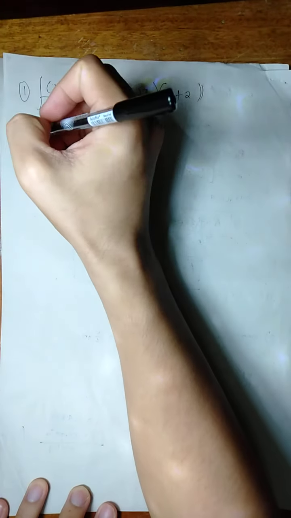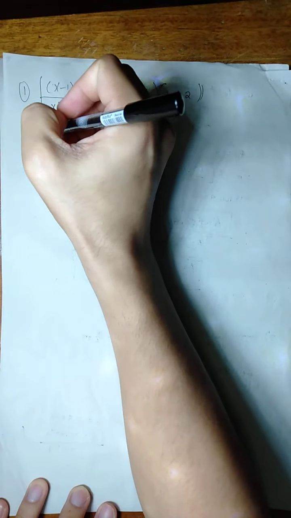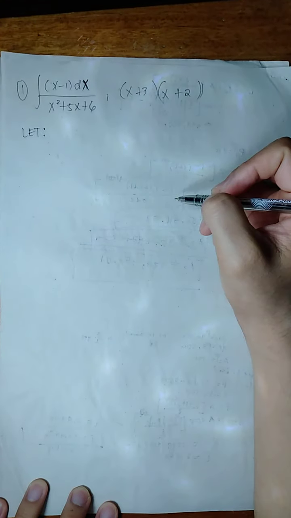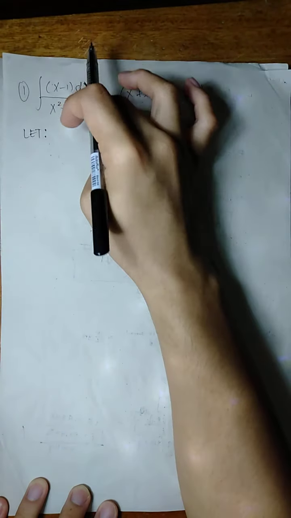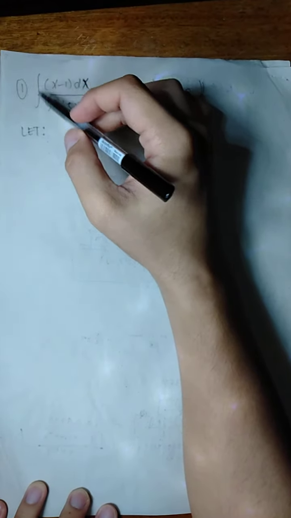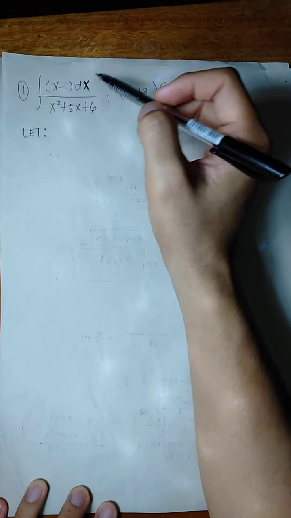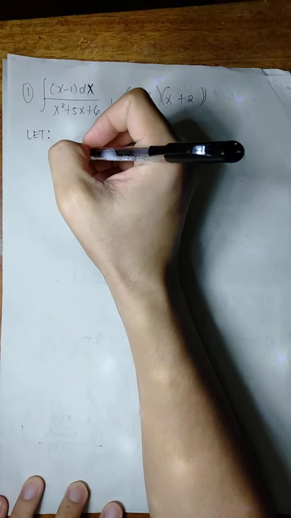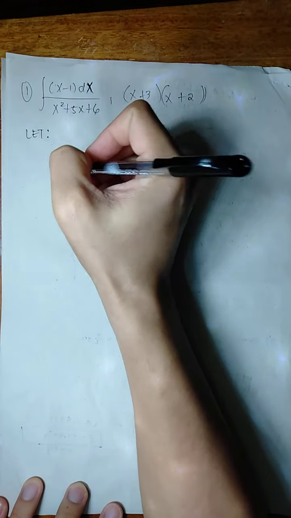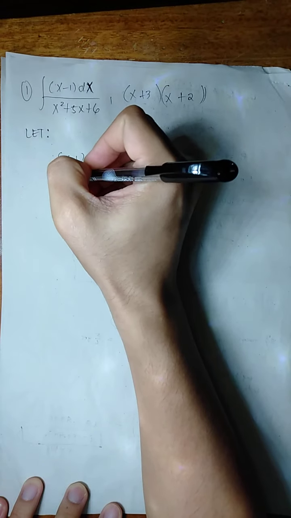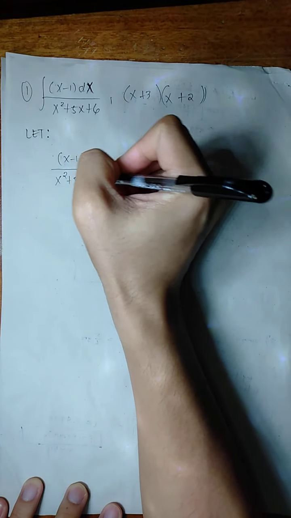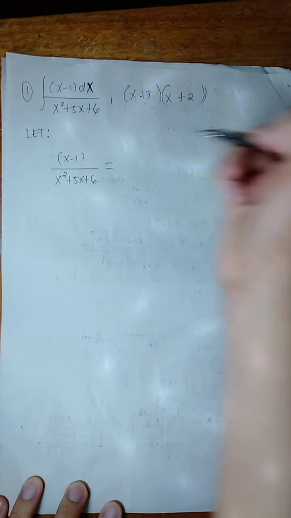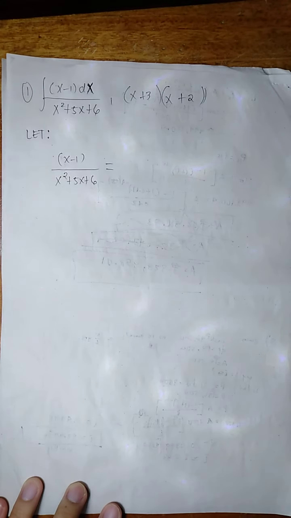First step, we let, rewrite this, but remove the integral sign and dx. It becomes (x minus 1) over (x squared plus 5x plus 6) equals, and we use the formula for distinct factors, A over (ax plus b).